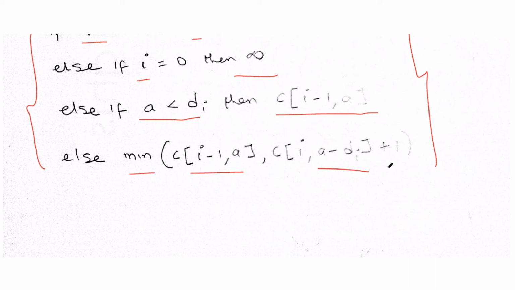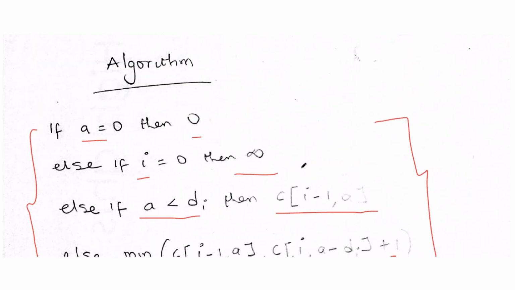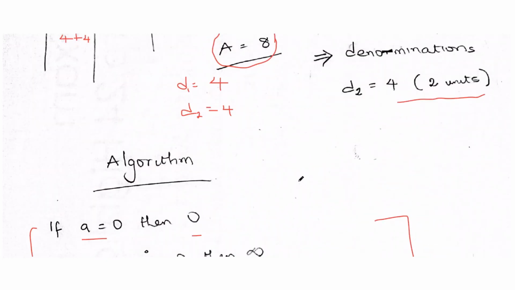Plus 1 means that you have already taken that count. This helps you to increment the count, showing that you have already taken an instance from there. So that's the algorithm. You might want to follow that.